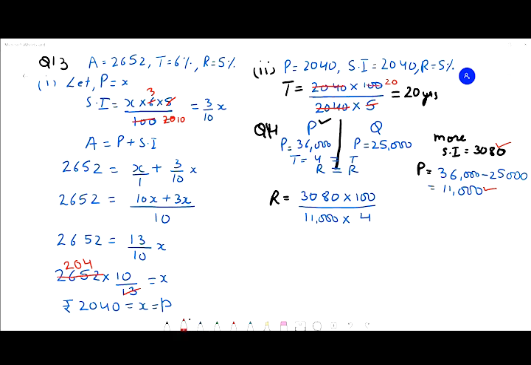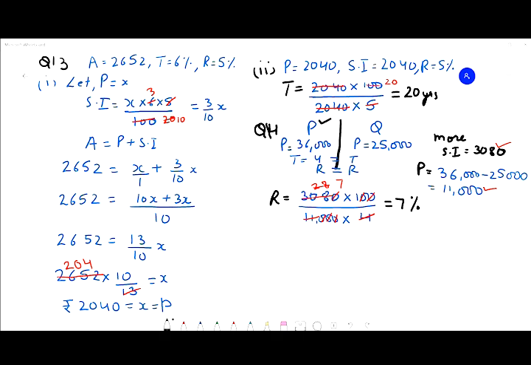Now cut it off. 1, 2, 3, 1, 2, 3. With 11, if I cut this, I'll get 28 and 4, 7. So my rate of interest will be 7%.